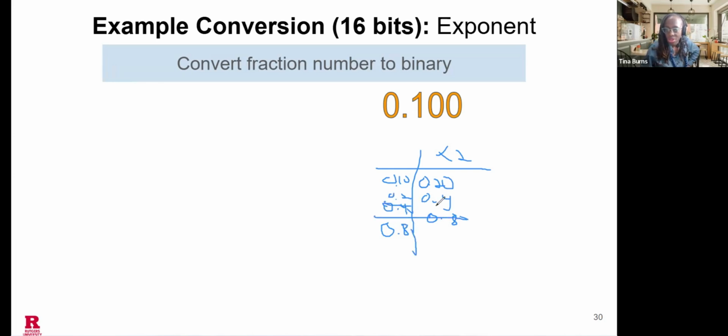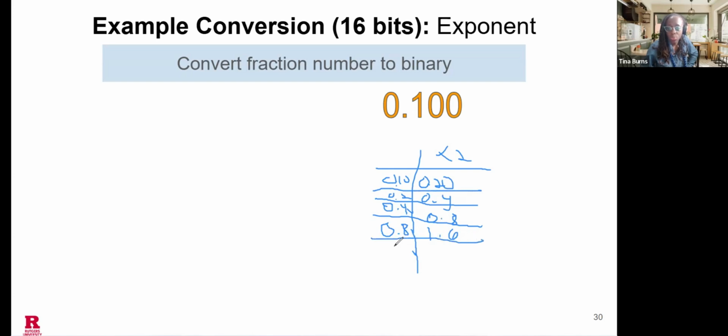Let's go ahead and bring some lines there. I'm going to try to be a little bit more organized with that. All right, 0.8. Now, normally this would be 1.6, right? That would be the value. But I don't necessarily care about this 1 once I bring it back onto this side.